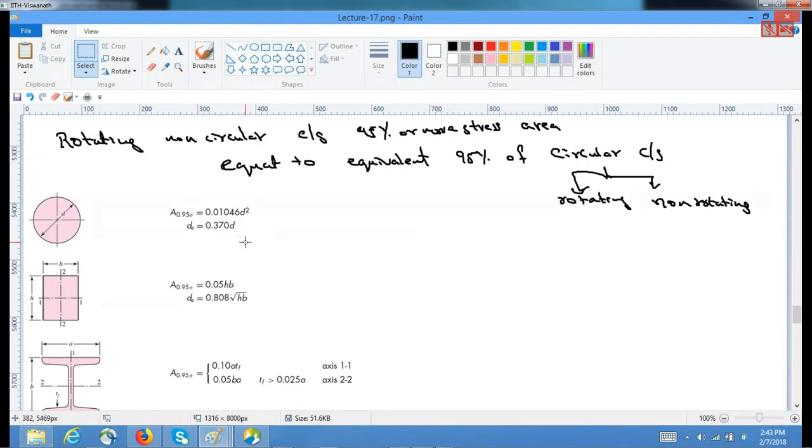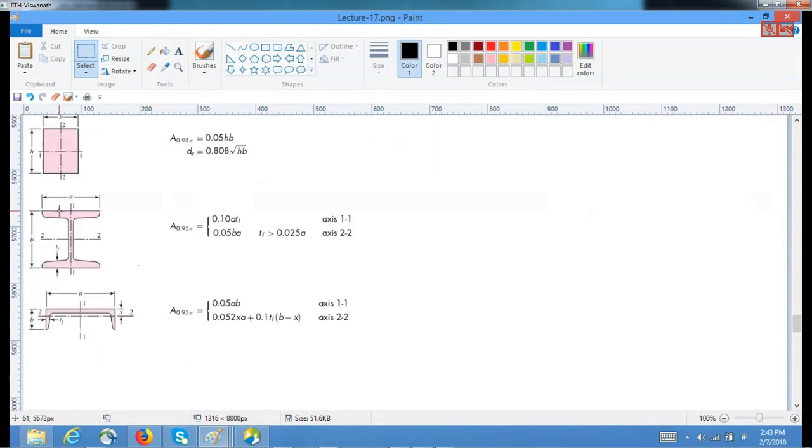Now, similarly, for a rectangular cross section, the equivalent circular cross section would be 0.808 square root hb, and for an I section along 1 direction it is this value, and along 2 direction, if you are bending it, then it would be 0.05 VA.